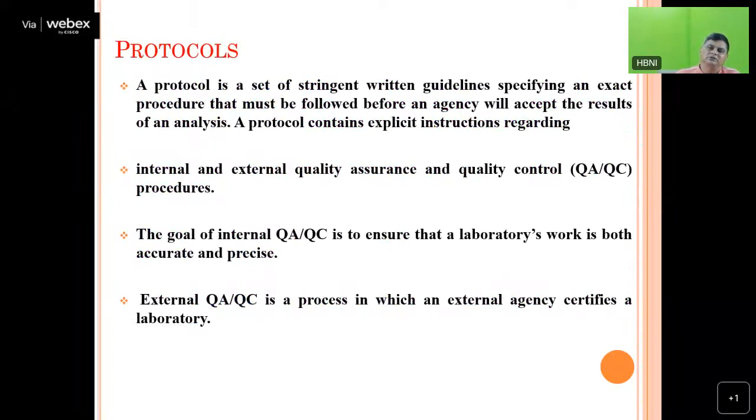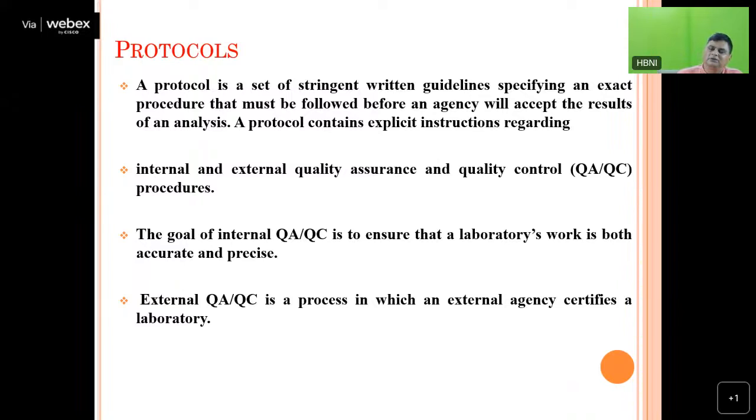Then protocols, as I told you in the previous two PowerPoints, are a set of stringent written guidelines specifying an exact procedure that must be followed before an agency will accept the results of analysis. A protocol contains explicit instructions regarding quality control and quality assurance. There are two kinds: internal quality control and quality assurance, and external quality control and quality assurance. Both have their own importance, but generally internal quality control is done by a third party within the laboratory, whereas external quality control is managed by an external agency.